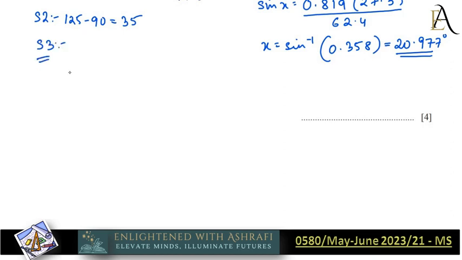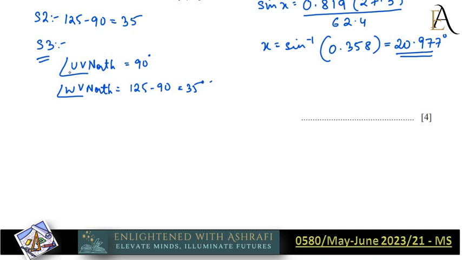Step 3 is where we have angle U, V and north, which is 90 degrees. So angle W, V, north is 125 minus 90, that is 35 degrees.